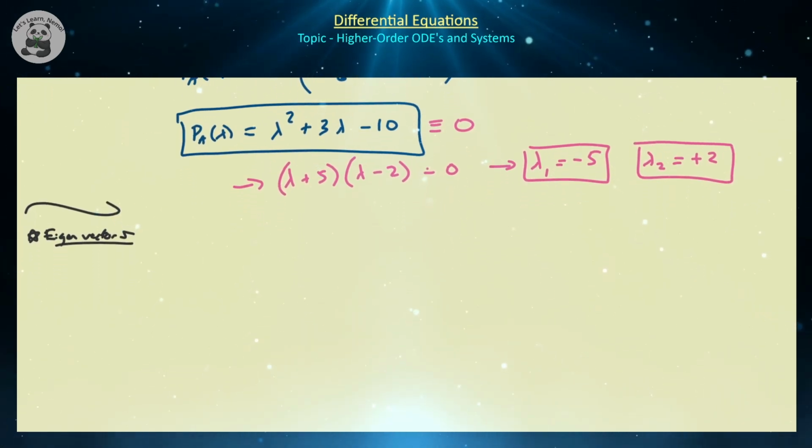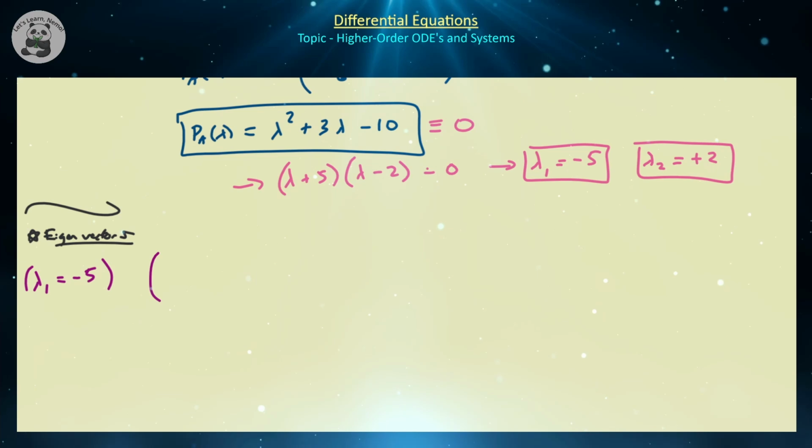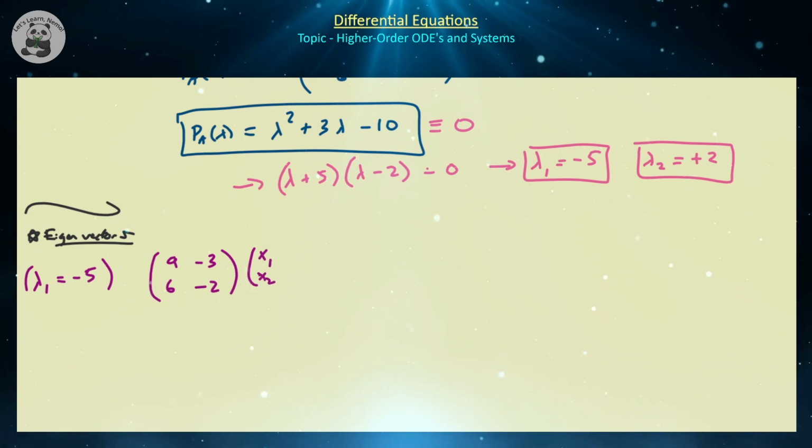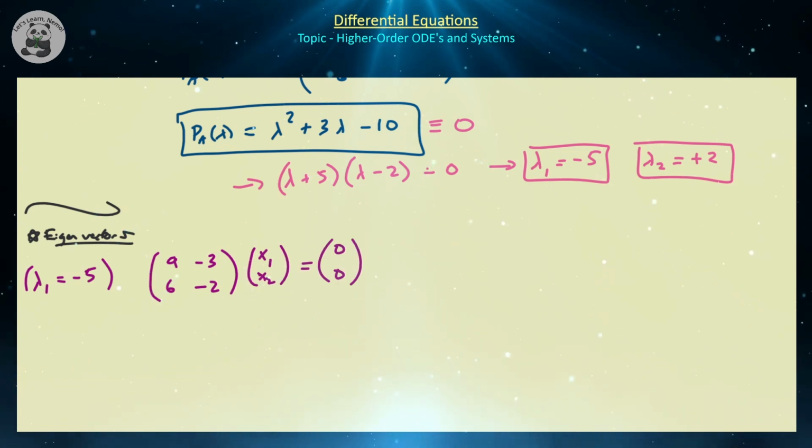Let's start off with lambda 1, which is equal to minus 5. Our A minus lambda I matrix turns into [9, -3; 6, -2] times (x1, x2) equals (0, 0). Keep in mind you're always going to have a free variable when you solve this type of equation, because there are infinitely many eigenvectors associated to an eigenvalue.